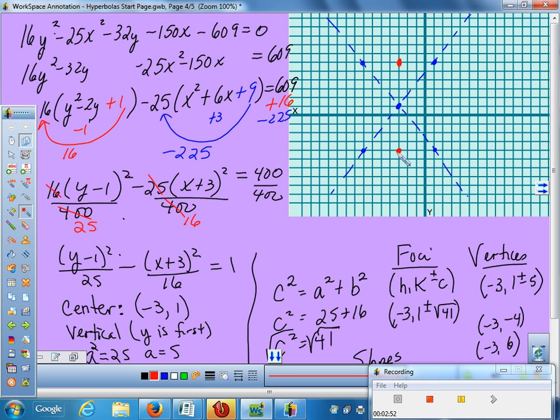If those are where my vertices are, this is the part they were skeptical about. You literally just curve out and follow your asymptotes. Get close to your asymptotes, but don't touch them. They're not going to be letter perfect curves by any stretch of the imagination. But you got the basic gist of your curves.